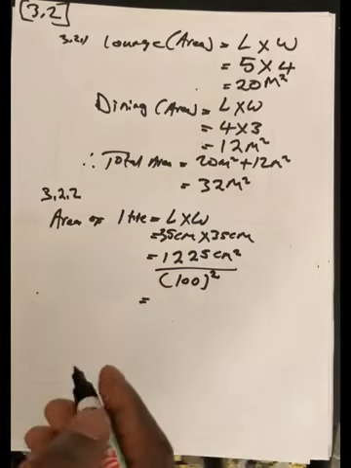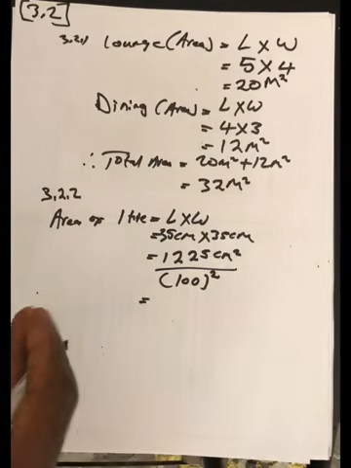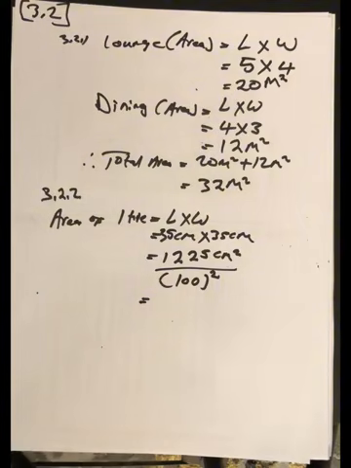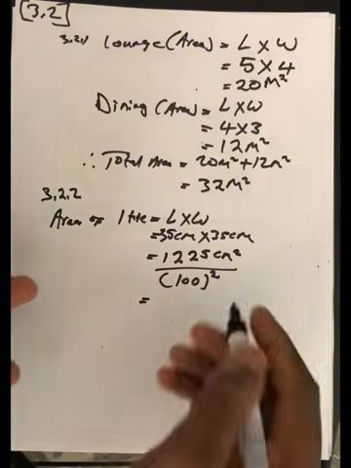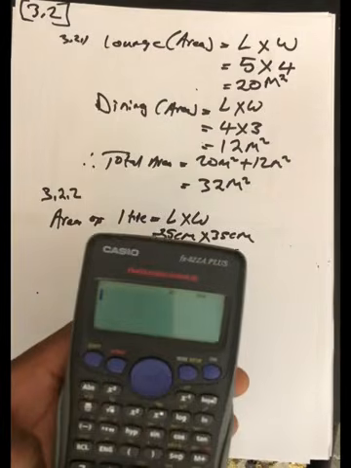If we were converting between centimeters and meters, we would just divide by 100. But because we are now converting from centimeters squared to meters squared, we divide by 100 squared. I believe you understand what happened there.